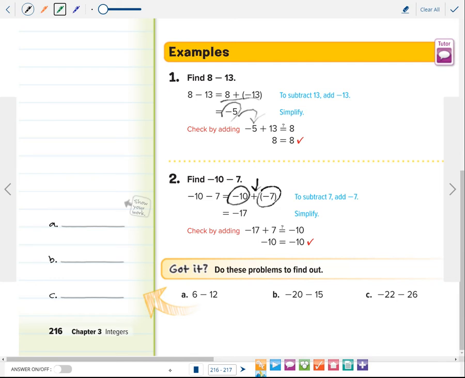We're doing A, B, and C. I want you to try it a little bit. I need you to rewrite it as an addition sentence, and then find the sum.